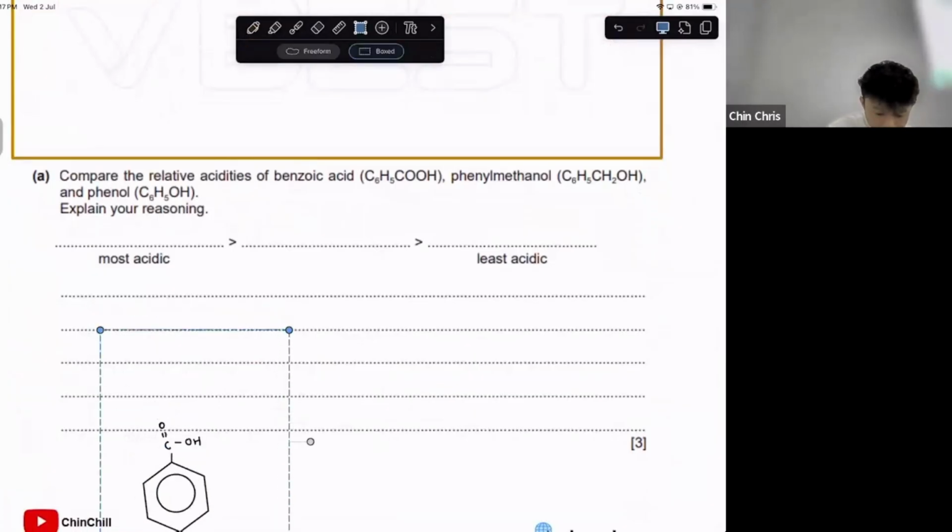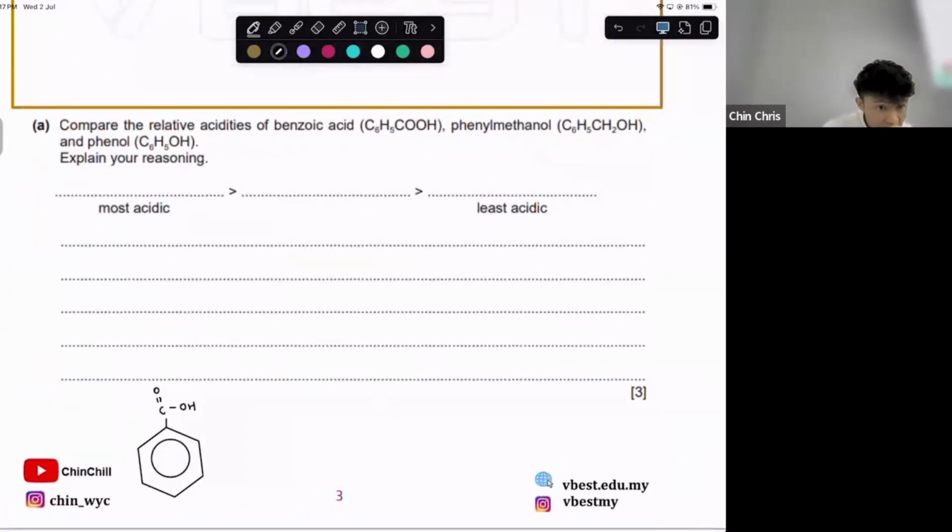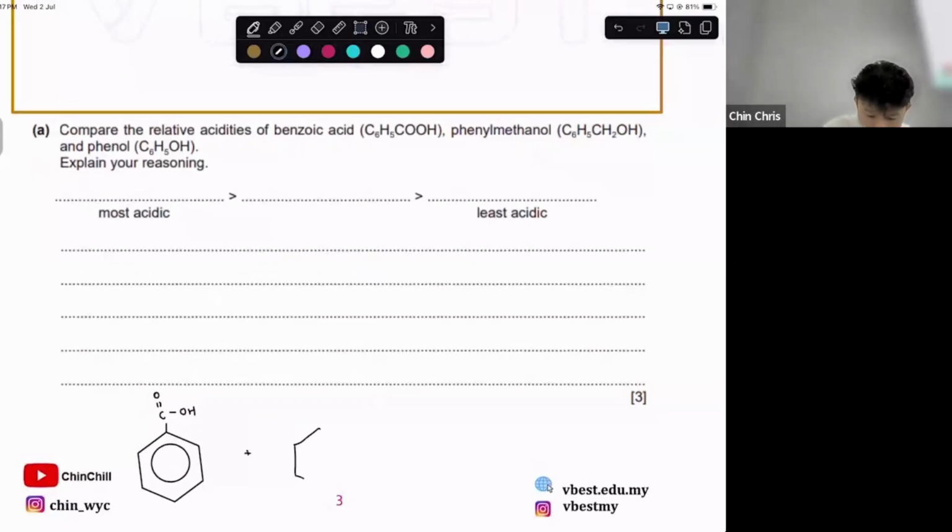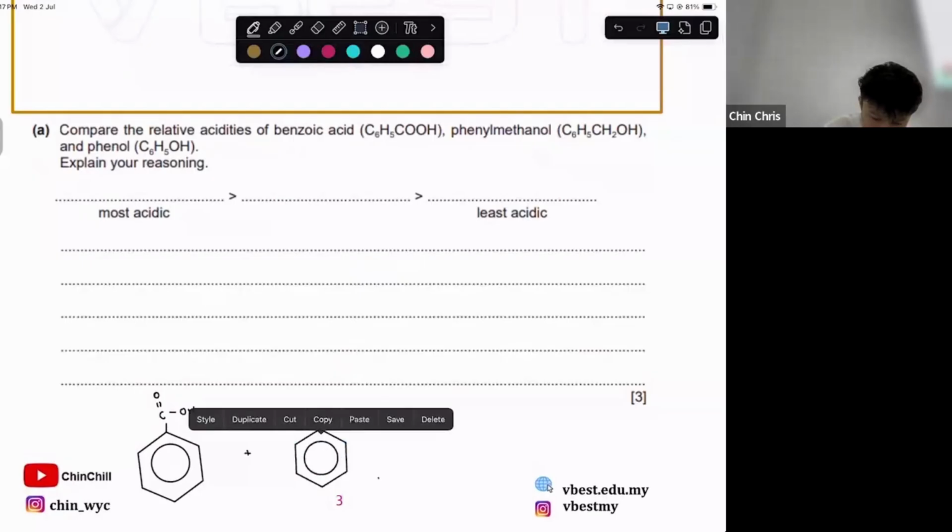Benzoic acid. Okay. Phenol, methanol is like that.